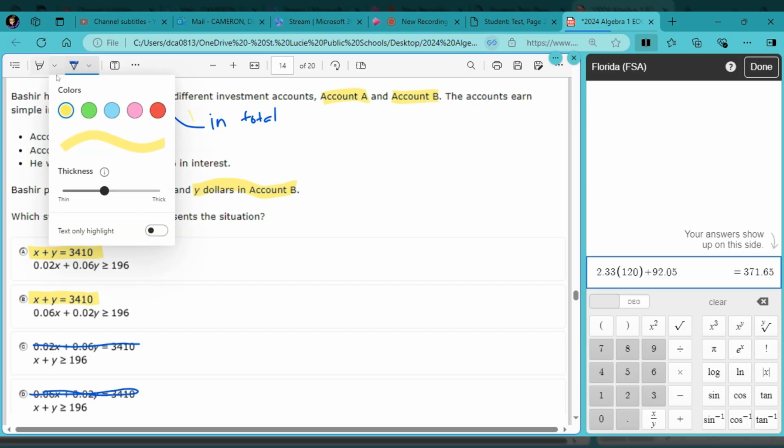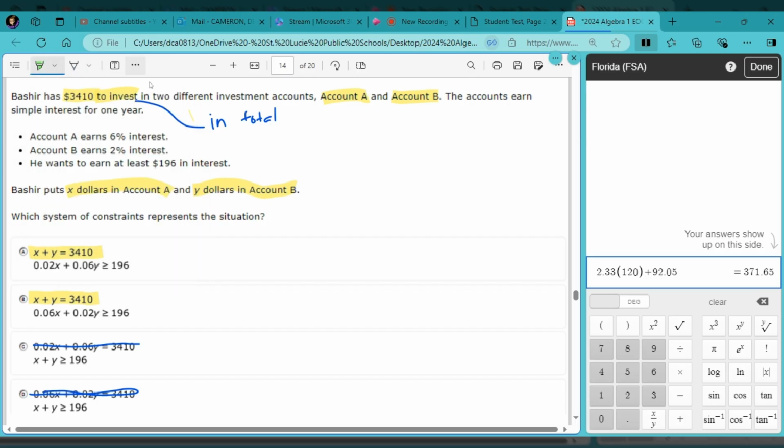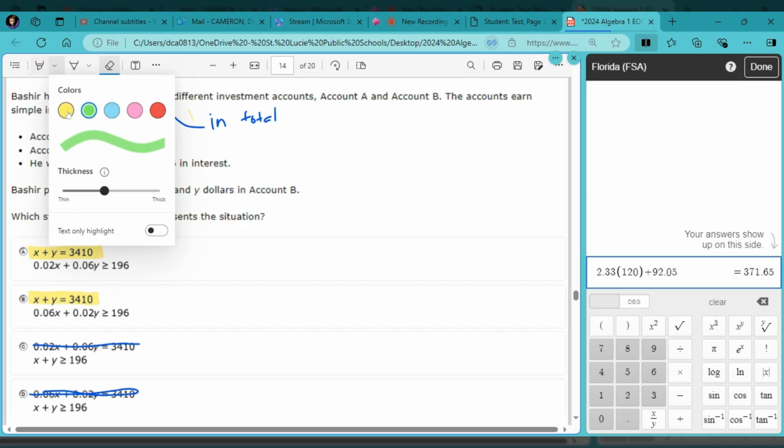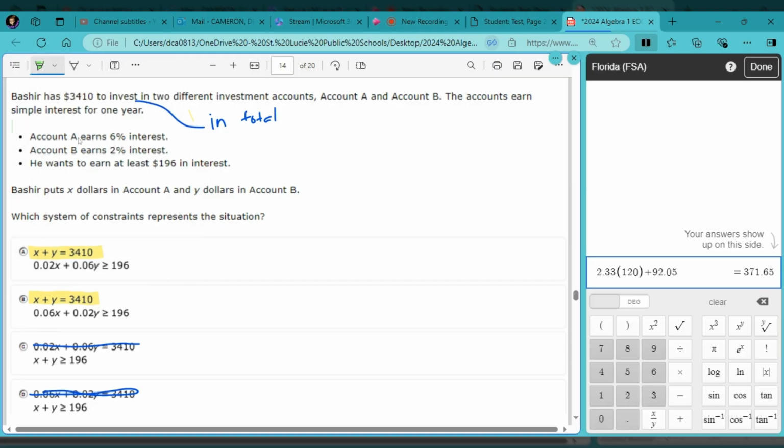Now I'm going to look at those interest rates, and actually I'm going to reset my highlights, because we already know that's the total. And I'll go green for account A earns 6% interest, and account A is X. And if I look over here, this X has the wrong interest.